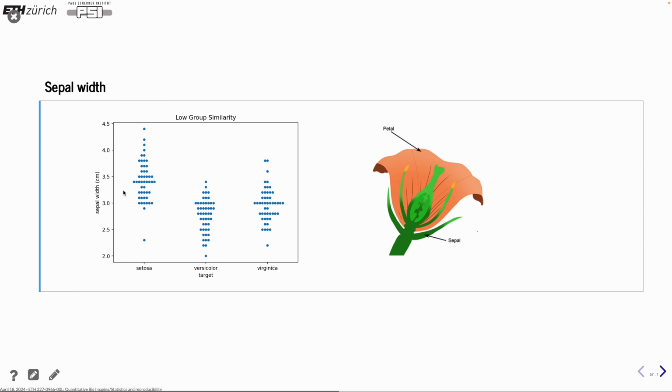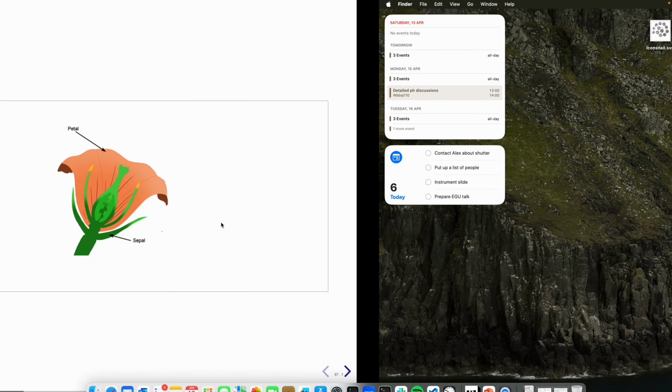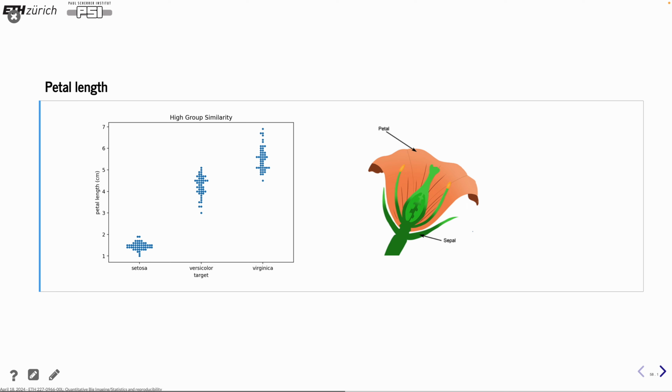And here you can see for the different species how they vary, and you can see that there is quite some overlap in the sizes, so it's not so easy to separate based on the sepal measurement. And the petals, on the other hand, have a very high group similarity, which means they are much easier to separate from each other.